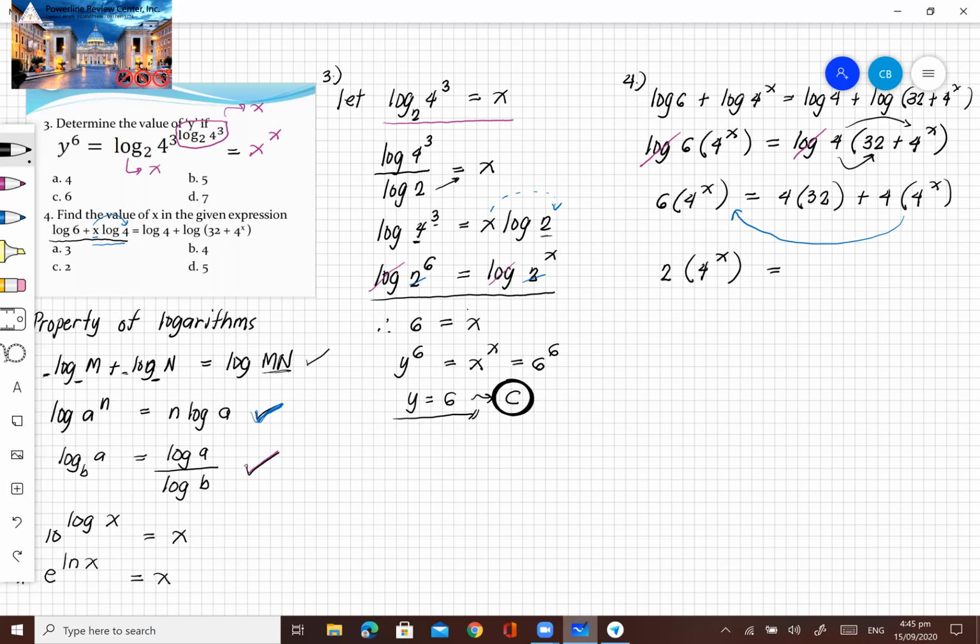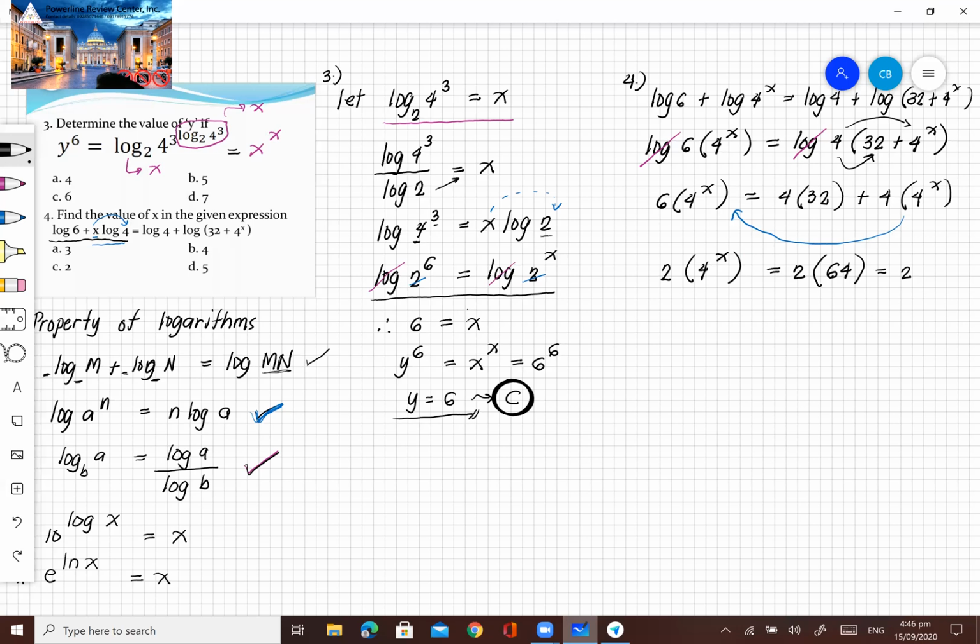So, 4 times 32. 4 times 32. So, yung 4, iwanan ko yung 2. Kasi 4 is 2 times 2. Yung isang 2, i-multiplied ko kanina 32. No? So, 32 times 2, that is 64.